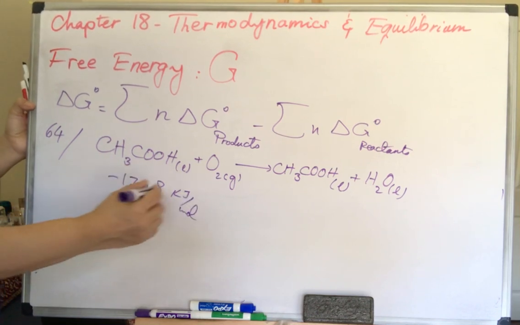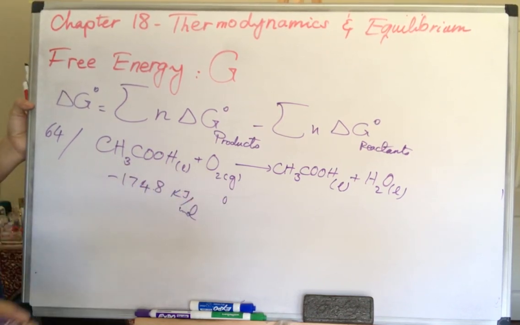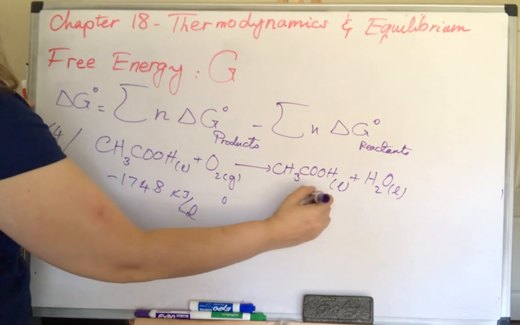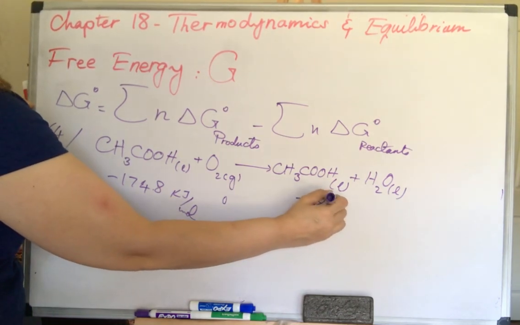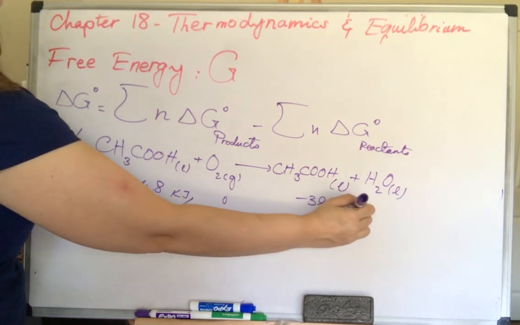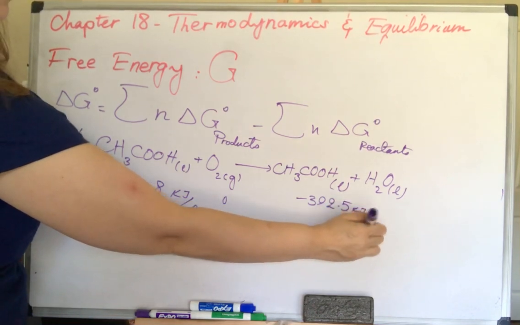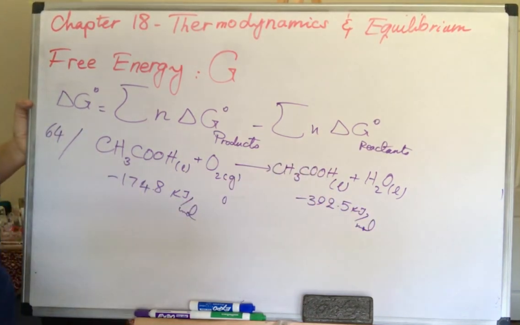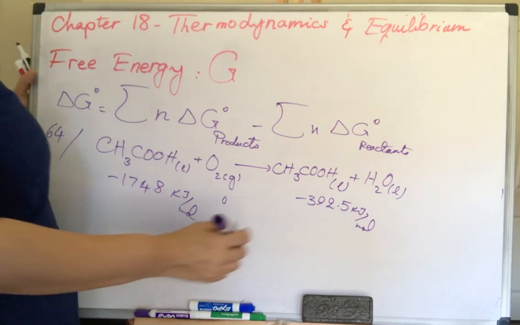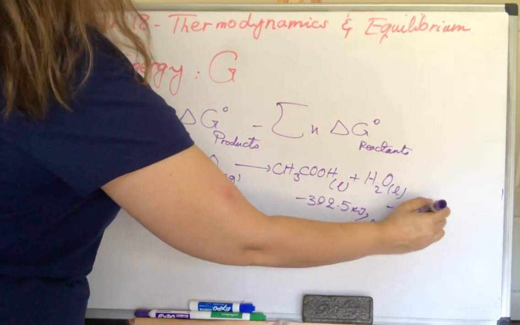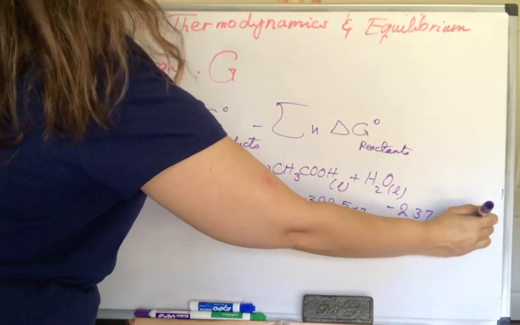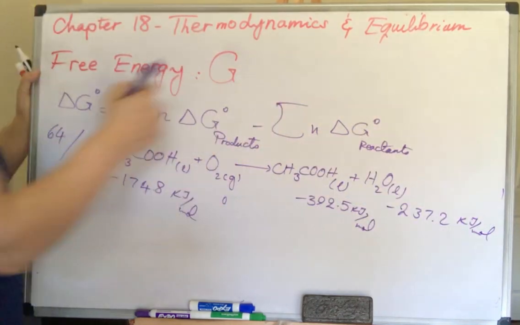For oxygen it is 0. For acetic acid it is minus 392.5 kilojoules per mole. And for water it is minus 237.2 kilojoules per mole. So plug it into this equation.